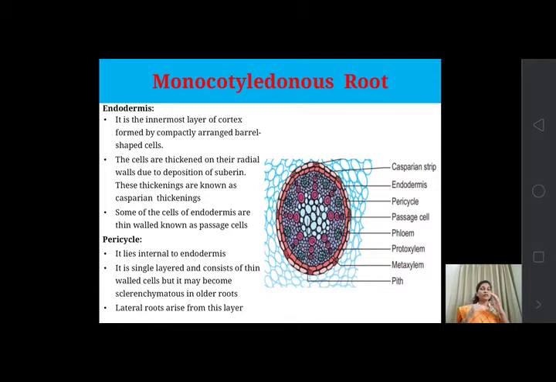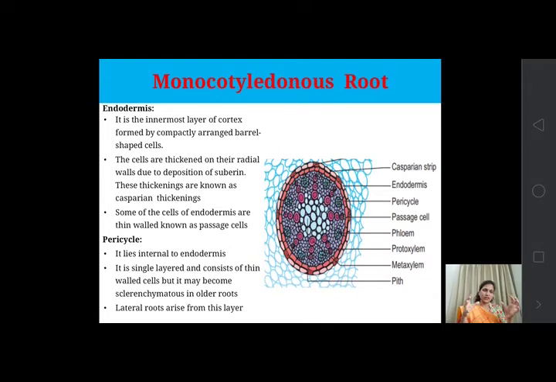So in younger roots it is thin walled living cells, but when the root becomes older, it may be sclerenchymatous. That means the thickening of the cell wall takes place. There will be a deposition of suberin materials on the living parenchymatous cells, and then they will become sclerenchymatous cells. So these are the changes that take place in this pericycle layer.